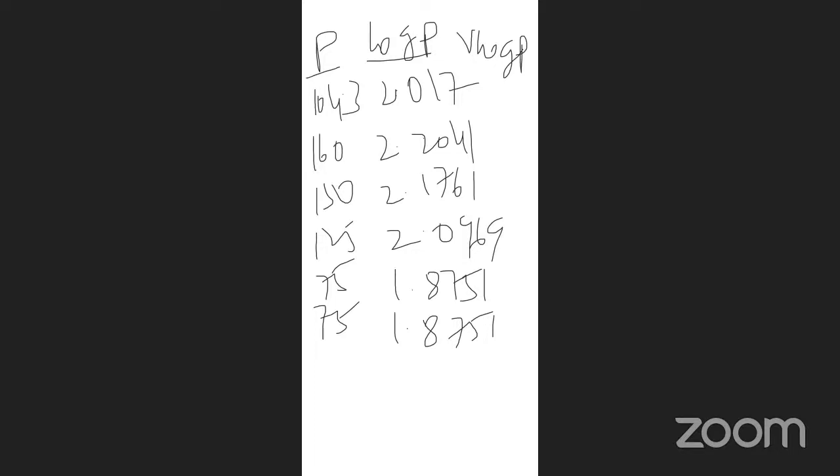Multiply with 2.017. 34.5 into 2.017 is 69.58. So we will make it 70, because we will take rounded off figures.